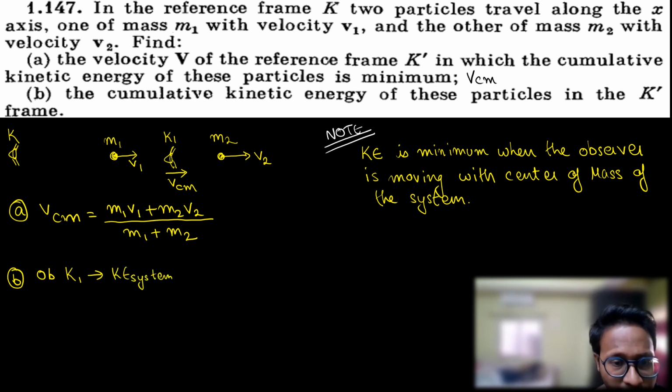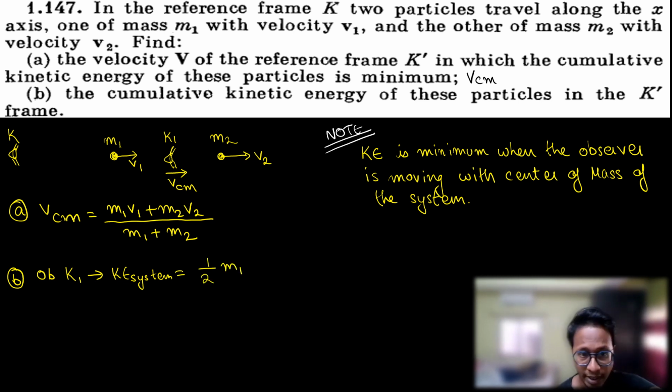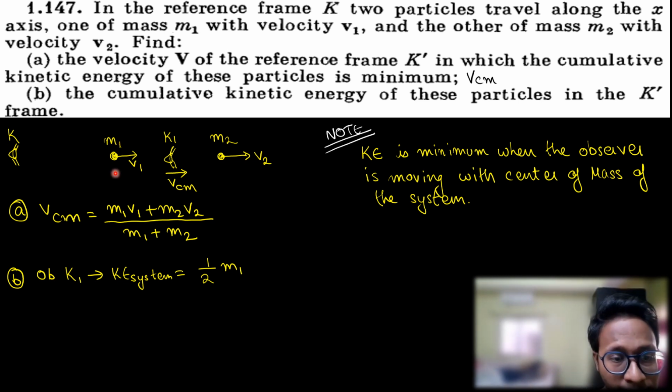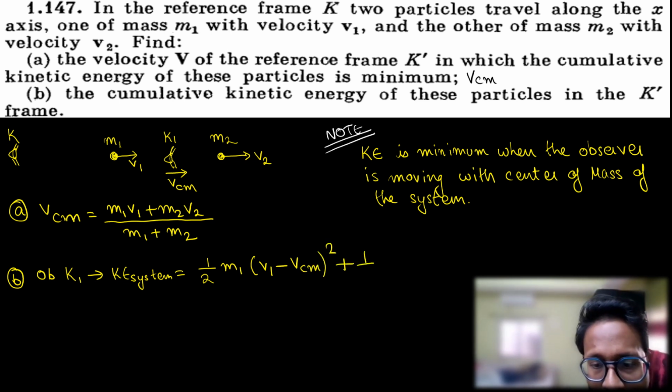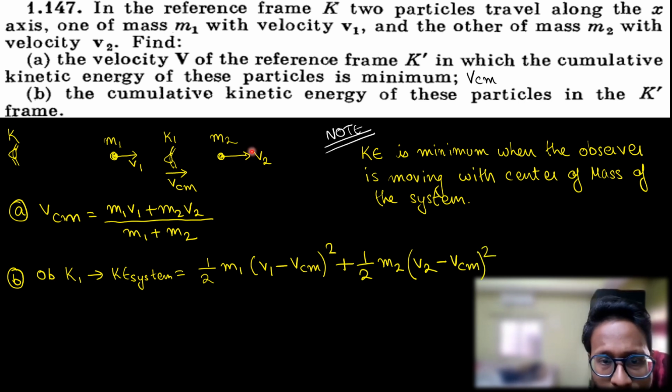Kinetic energy of all the particles is half the mass of the first particle into the velocity of the first particle as seen by this observer. What is the velocity of the first particle as seen by this observer? v1 minus Vcm. So it is half m1 into (v1 minus Vcm) square, plus half m2 into (v2 minus Vcm) square, the velocity of this mass as seen by this observer.